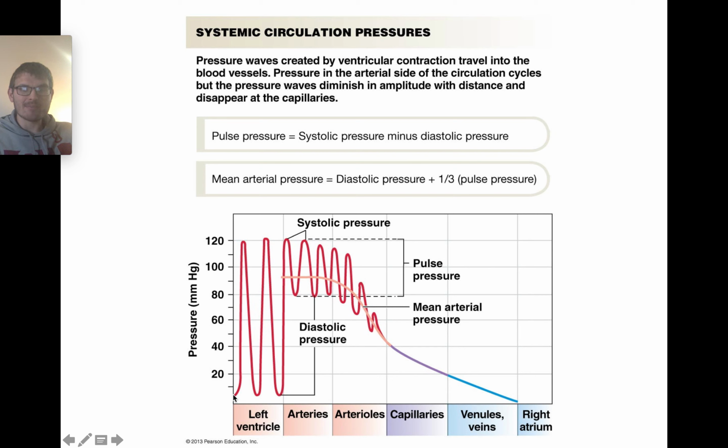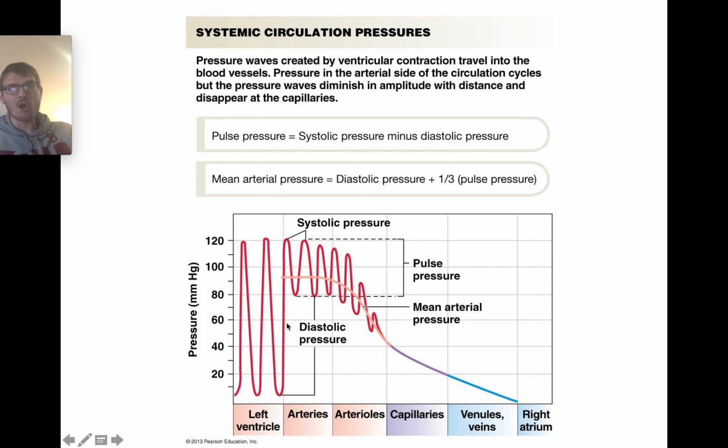You can see down here at the very bottom where we're at the very low pressure, when the pressure rises, you are going through isovolumetric contraction to raise the pressure up so that we can eject the stroke volume. And then we go through isovolumetric relaxation to fill back up from the atria. Isovolumetric contraction again, isovolumetric relaxation.